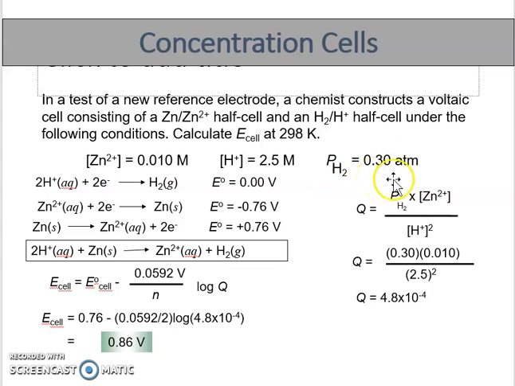So you substitute the pressure of hydrogen, 0.3, and the concentration of zinc 2 plus, 0.01, and also the concentration of H plus ion, 2.5 to the power of 2, because the coefficient for H plus ion is 2 here. Substitute into the Nernst equation, and you get E cell is 0.864. Okay, so that's all.